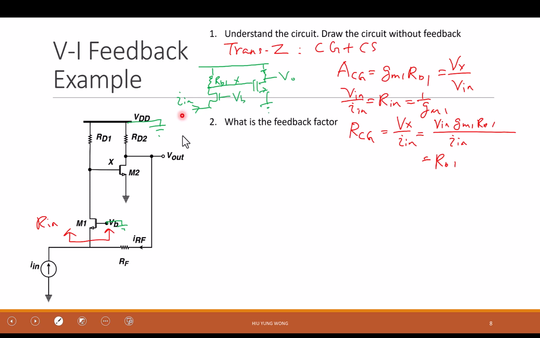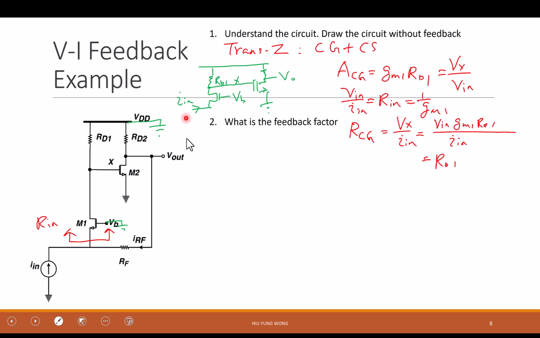All this current goes to where? It goes through RD1, correct? If there's no channel length modulation. Remember, what is the meaning of I in? It's the extra small signal current. You were biasing this at 1 milliamp for DC.